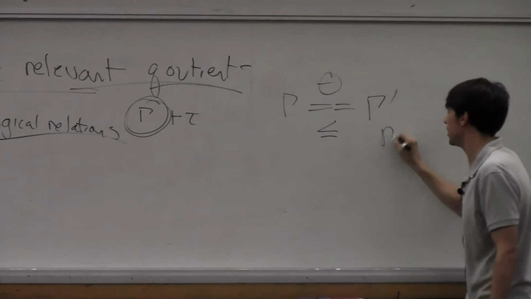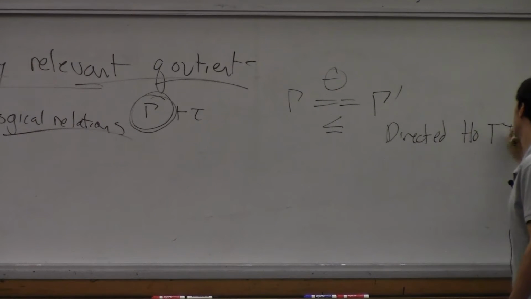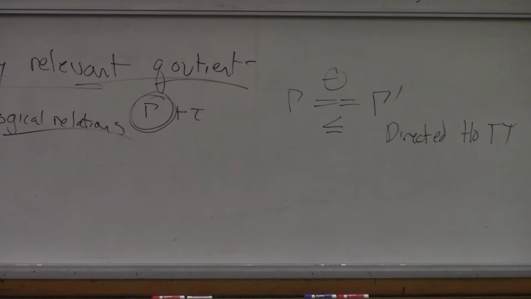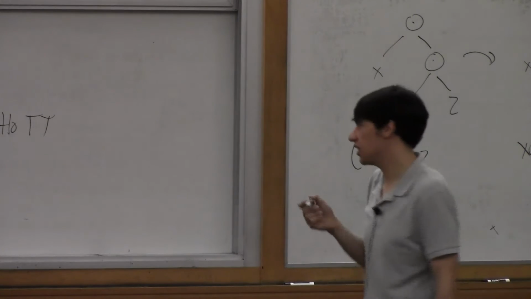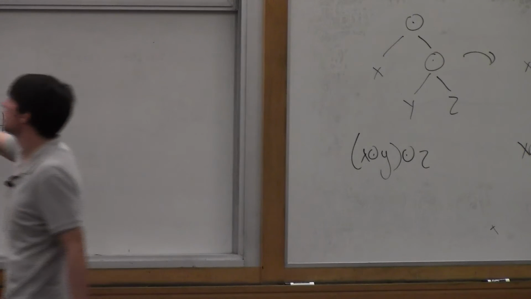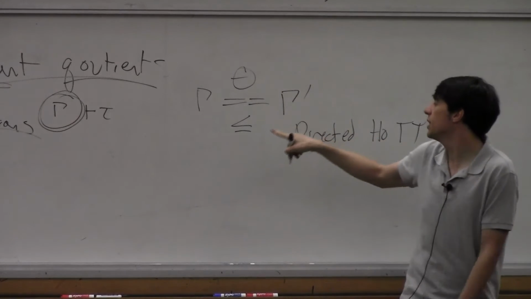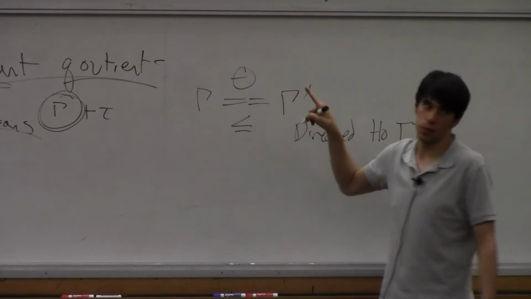The problem is that we need to generalize to something called directed homotopy type theory because substitutions are not symmetric. So this is an even more work in progress idea than homotopy type theory. But it's pretty clear that you can generalize all of these ideas to something that drops the symmetry requirement. And therefore, you can have gamma less than gamma prime mean something like there's a substitution in context gamma for gamma prime.